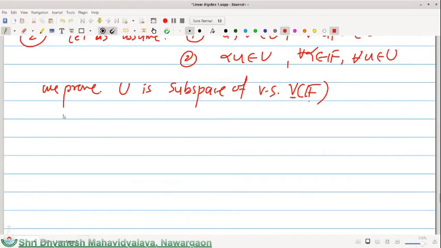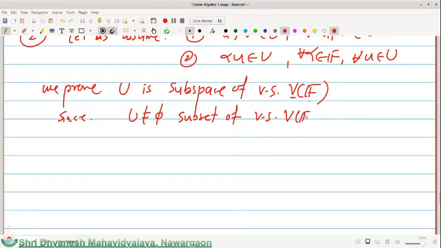Okay, since U is a non-empty subset of vector space V over field F, it is given.